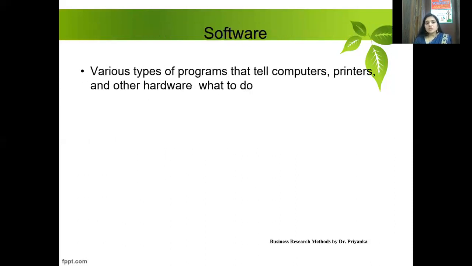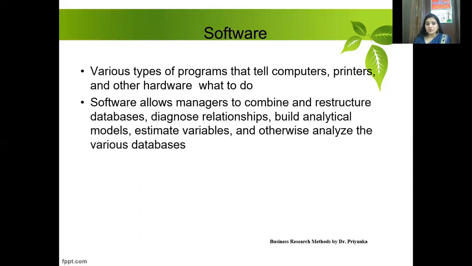Software is various types of programs that tell computers, printers, and other hardware what to do. Software allows managers to combine and restructure databases, diagnose relationships, build analytical models, estimate variables, and otherwise analyze the various databases. Not sometimes, but always, we do analysis with the help of software only.